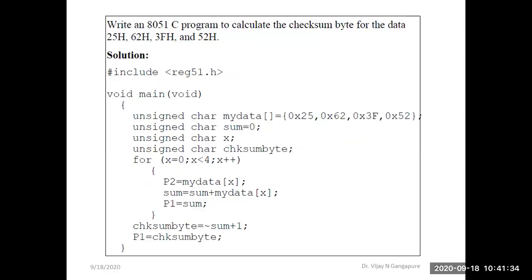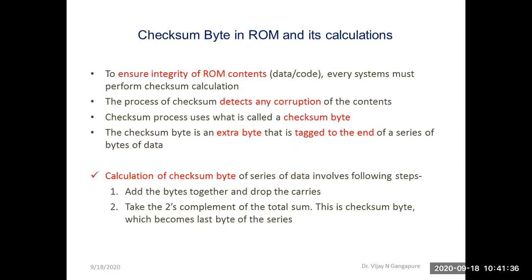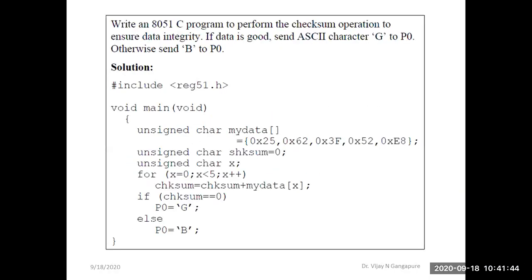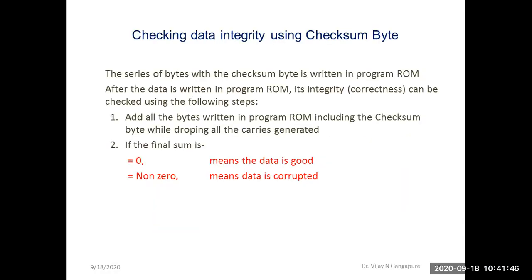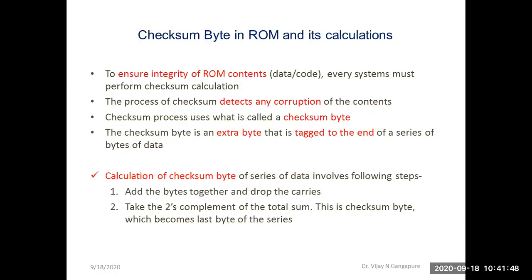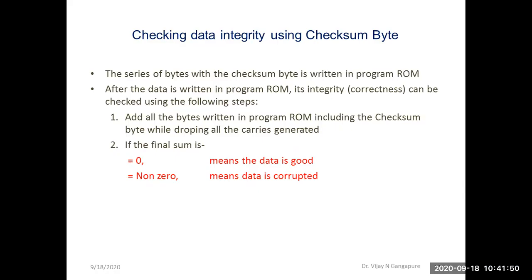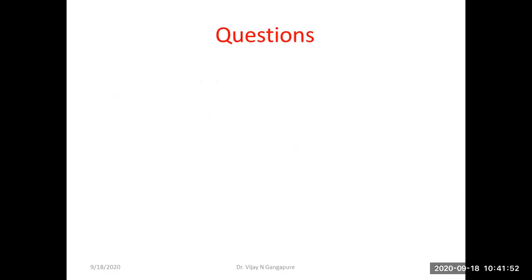I think you have understood, and this part was remaining, so I conducted this lecture. I think the things are clear about the checksum byte, its calculation and checking data integrity using it. If any questions, we will discuss in the live session.